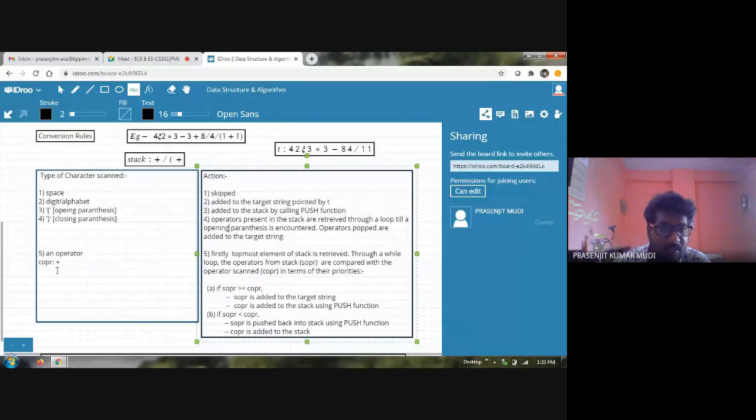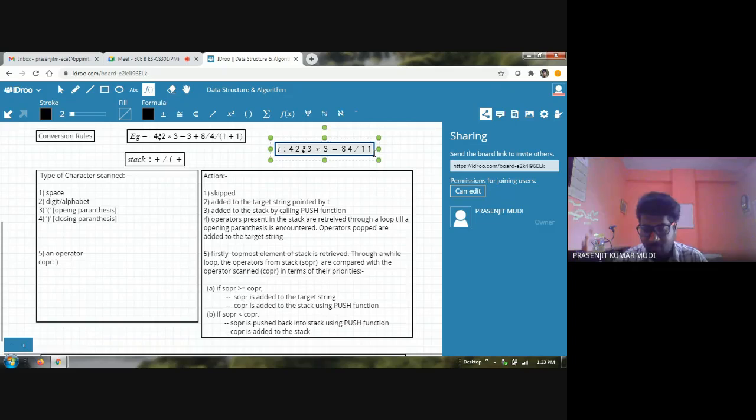So what is happening? See, the COPR is a closing bracket. Okay, so a loop will be started, and one by one operators will be popped. So first plus will be popped. Okay, so this popped plus operator will be added to the target string. So after 1, it should be plus.